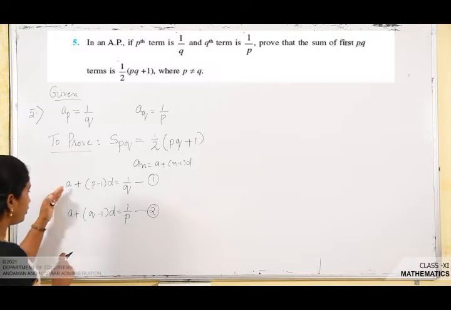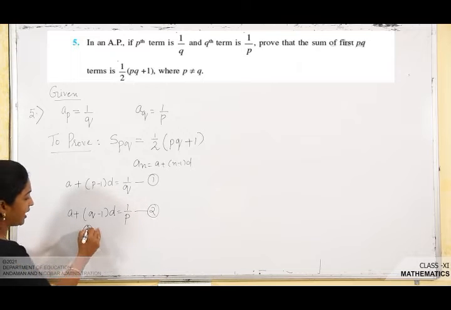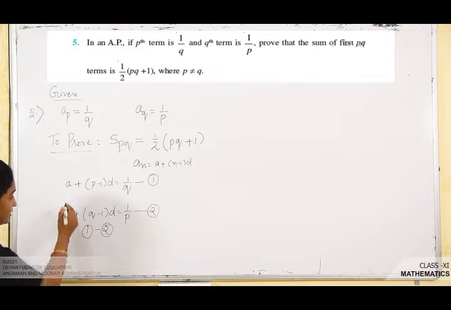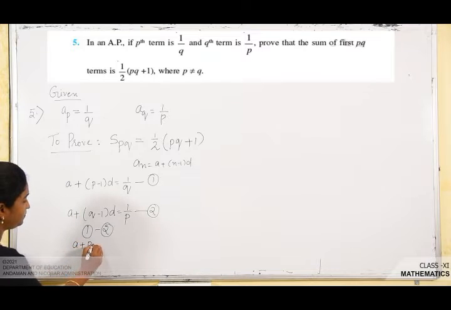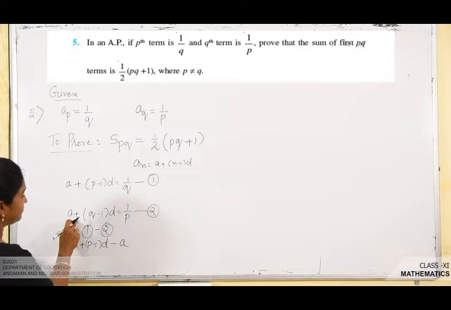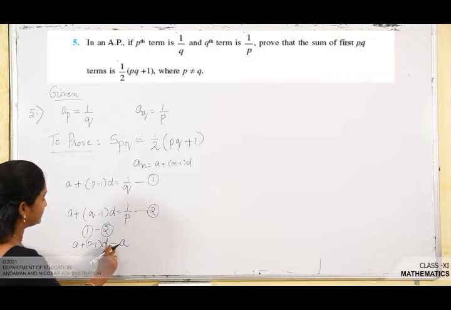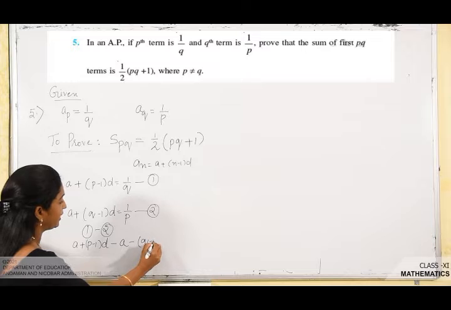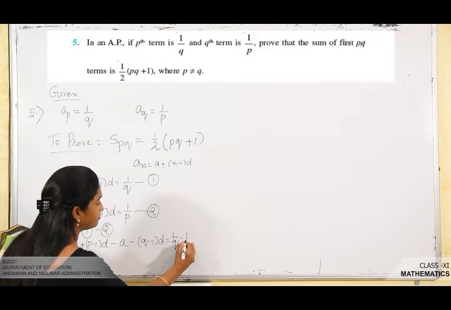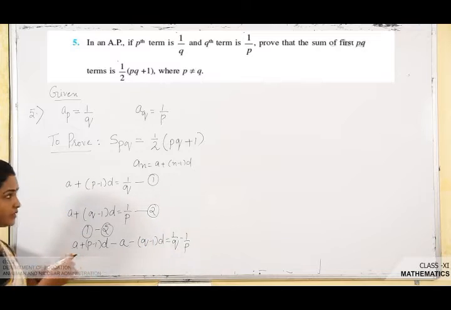So you will subtract 2 from 1. When you subtract, a plus (p minus 1) d minus a, minus (q minus 1) into d, will be equal to 1 by q minus 1 by p.